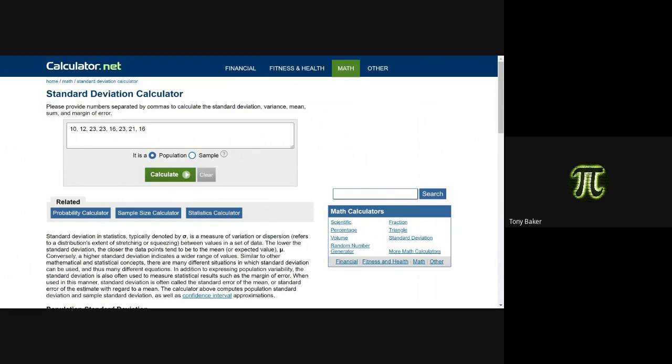I'm just going to take a picture of this so I can type them in. Now, this is going to be population because I have them all.